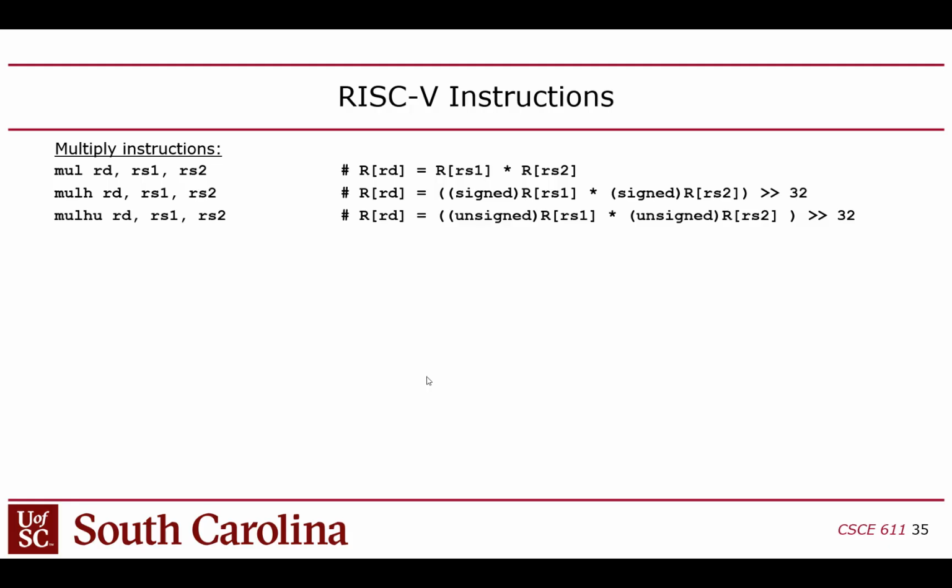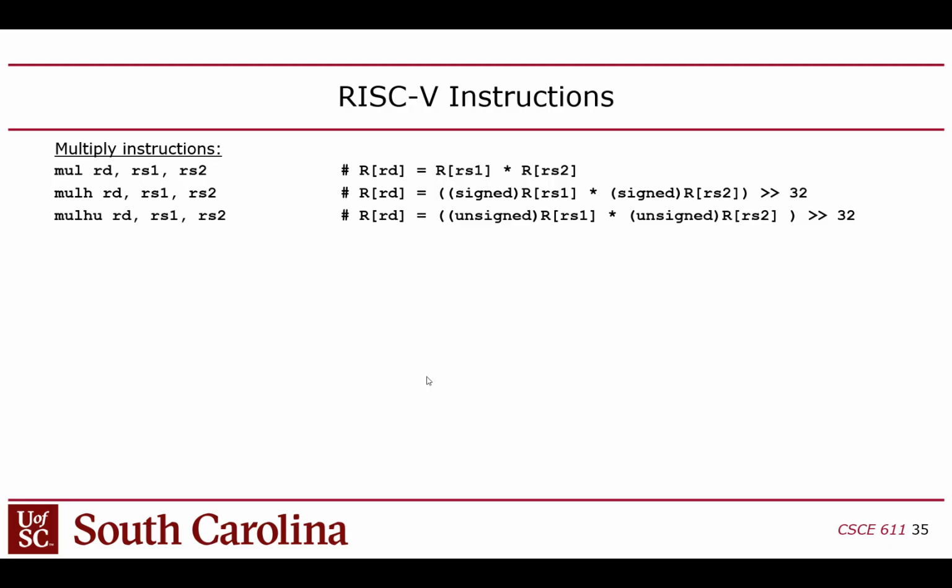The problem is that the instruction set inherently does not support data paths for doubling the size of operands. So the way they implement it in RISC-V is that they have 2 different multiply instructions depending on whether you want the upper or lower bits of the product.